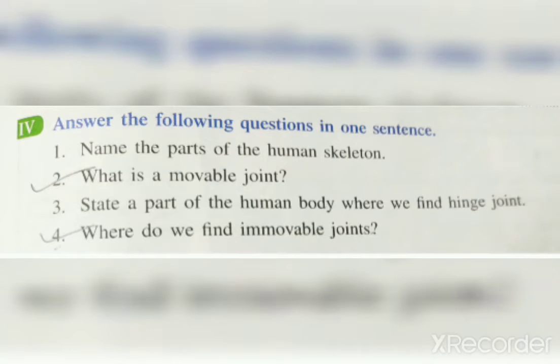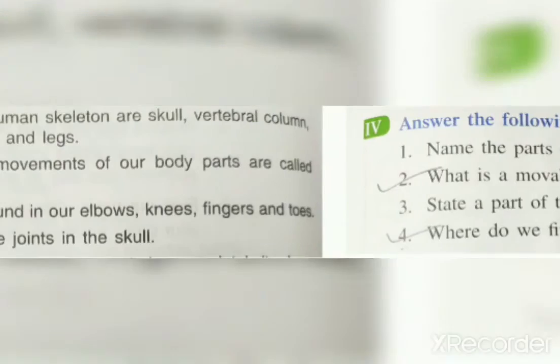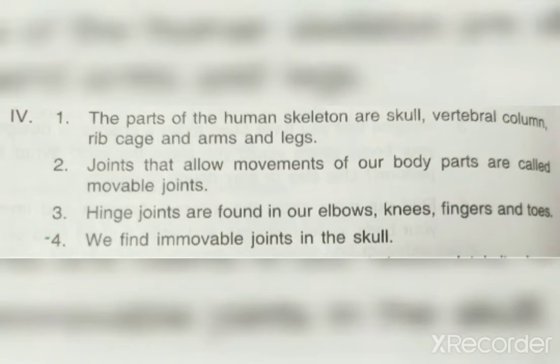Now coming to question number 4, answer the following questions in one sentence. So the first question is, name the parts of the human skeleton. And the answer is, the parts of the human skeleton are skull, vertebral column, rib cage, and arms and legs.